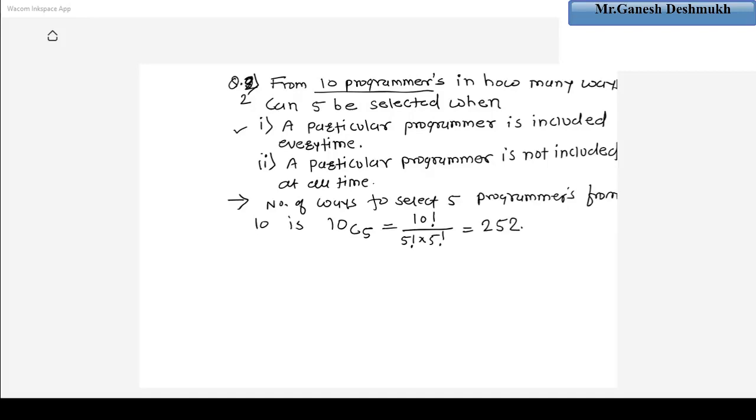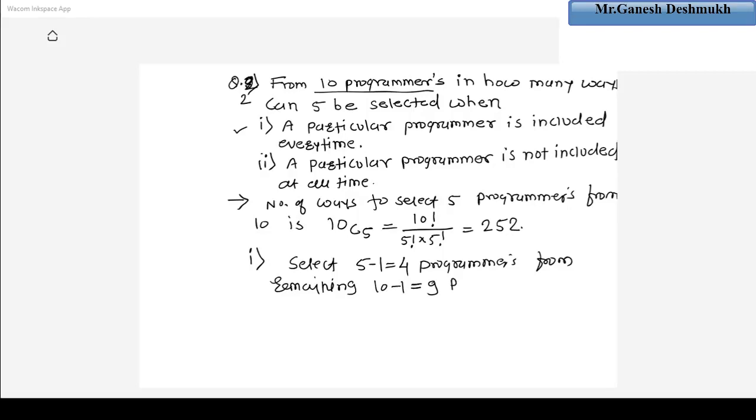Now let us move to the first part of the question. It says a particular programmer is included every time. That programmer is already fixed, so we need to select 5 minus 1, that is 4 programmers, from the remaining 10 minus 1, that is 9 programmers.